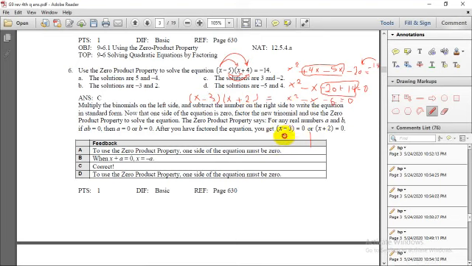So x equals, the -3 will go to the other side with positive. So x equals 3. And here, +2 will go to the other side with negative. So x equals -2. So it's 3 and -2, which is C.